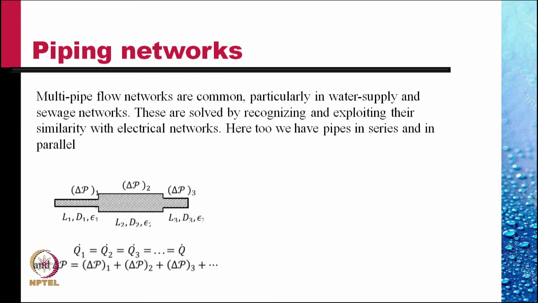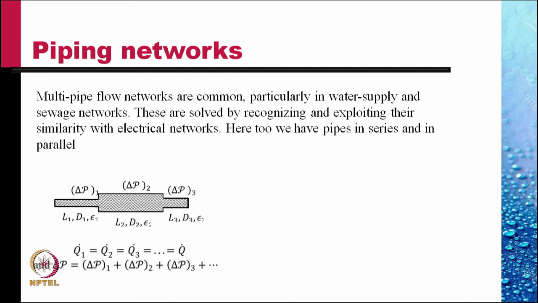we say these three pipes are in series. The first pipe of length L1, diameter D1, roughness epsilon 1. It has a pressure drop or delta P1. Similarly, a second pipe and a third pipe.